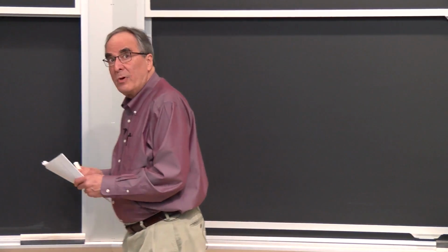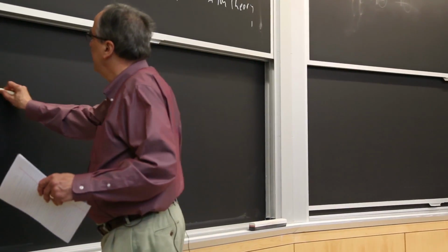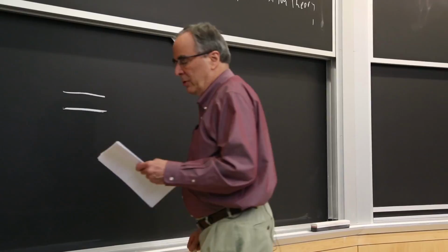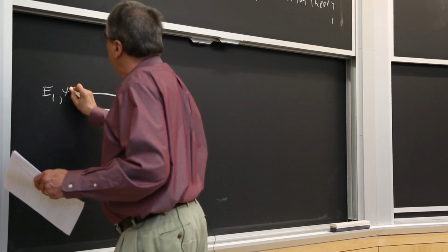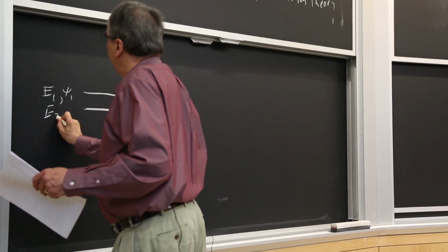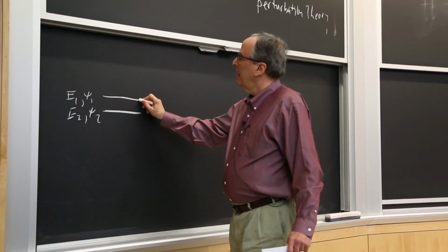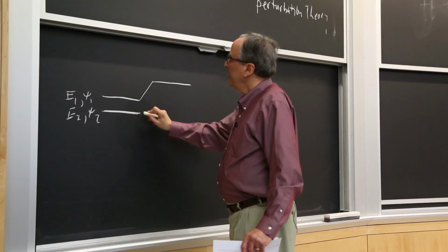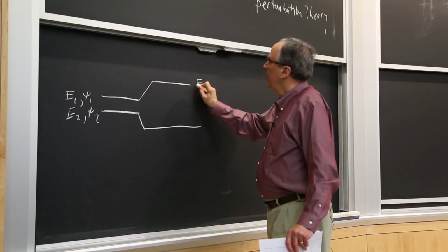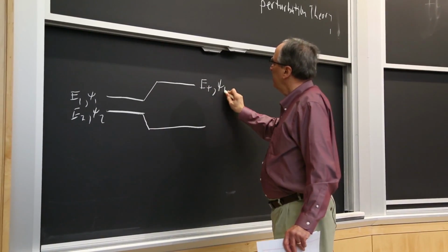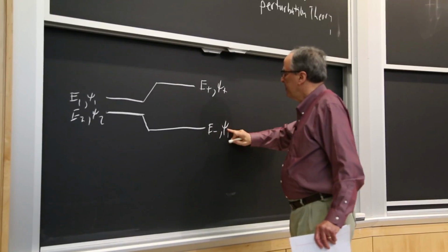Okay, so let's review where we've been. For the two-level problem, we have two energy levels. And there is some interaction between them, and we get E plus, psi plus, and E minus, psi minus.